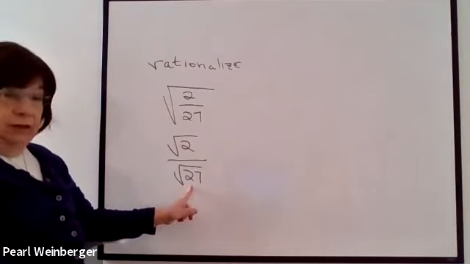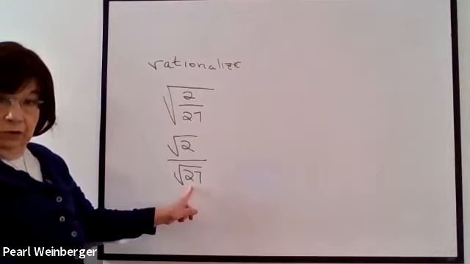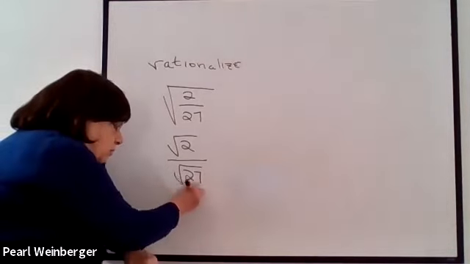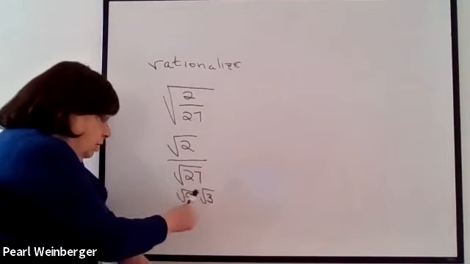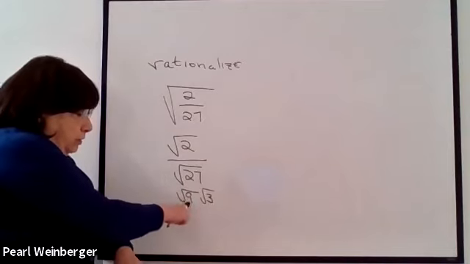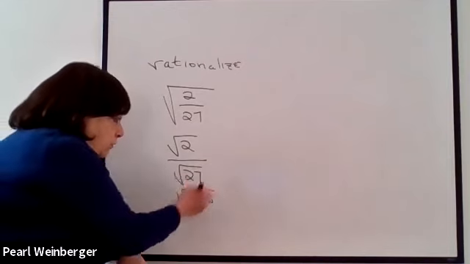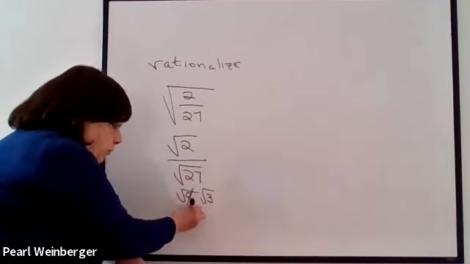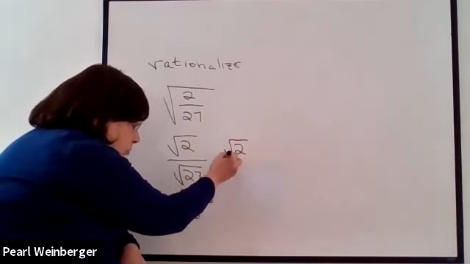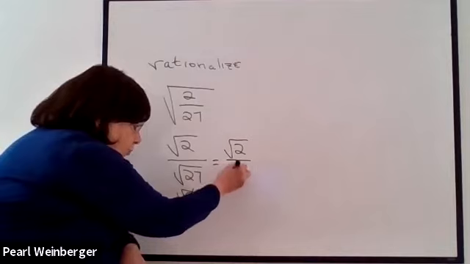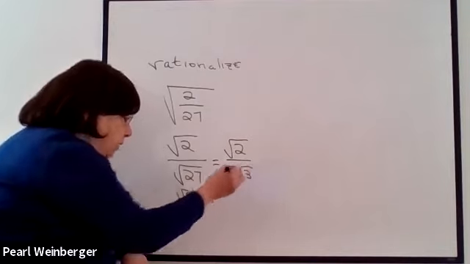And of course, we can simplify the square root of 27 into the square root of 9 and the square root of 3, because 9 times 3 gives us 27, and the square root of 9 is 3. So we're left with radical 2 over 3 radical 3.